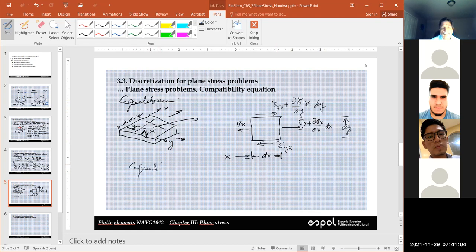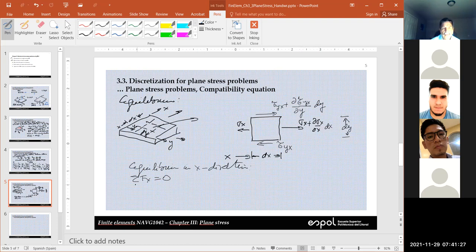Equilibrium in the x direction. The summation of forces in the x direction has to be equal to 0. We have this force and this force, and they both point in the positive x direction.